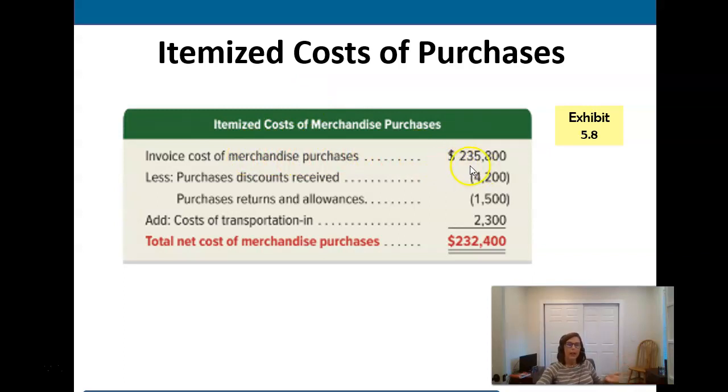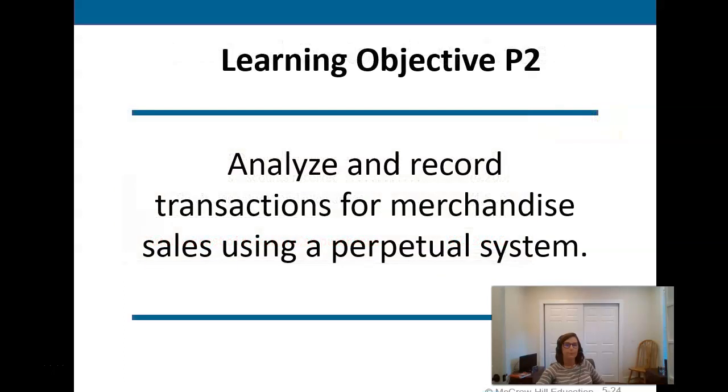We've got our invoiced cost minus our discounts received, minus anything we sent back, plus any costs that it cost us to have the item shipped to us. And then the bottom line number here is going to be the net cost of merchandise purchases. I'm going to stop here and go on to the next video to continue with the perpetual system.